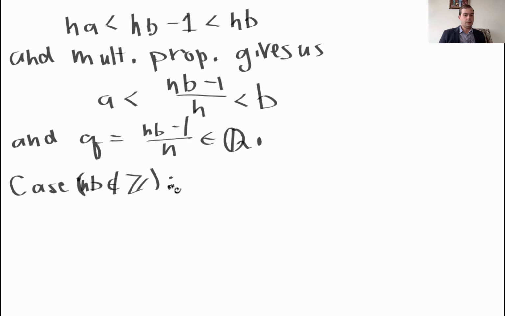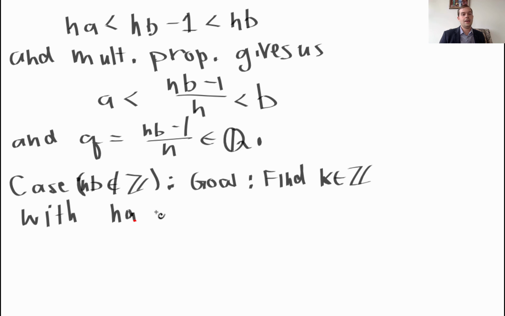So now in this case, our goal is to find a k in Z with na is less than k is less than nb. That's our goal. And then, of course, we can apply the multiplicative property to these two inequalities to get that a is less than k over n, and k over n is less than b, and k over n is a rational number. So that is our final goal.